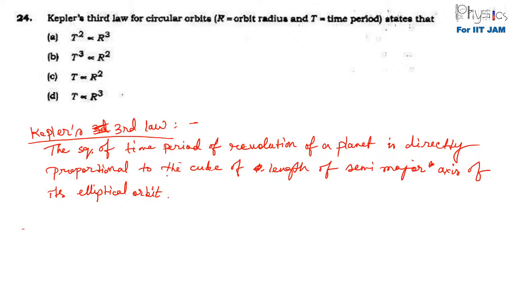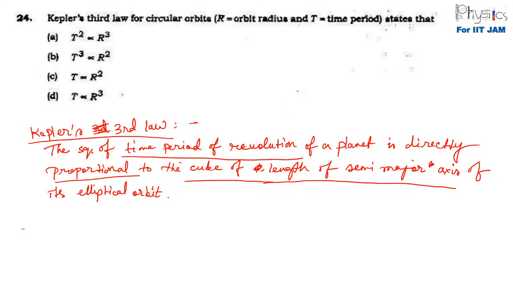So it clearly tells us that the square of time period is directly proportional to the cube of length of semi-major axis of its elliptical orbit, that is T square is proportional to r cube, that is option A. So here the correct answer is option A, T square proportional to R cube.